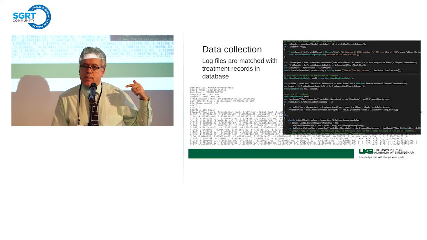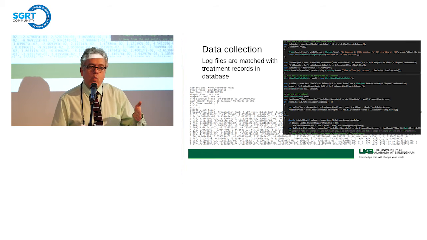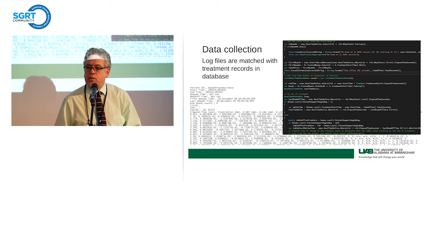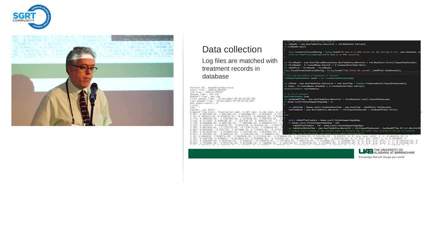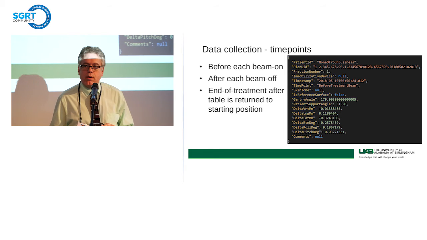It captures the real-time deltas at each beam off, and when our therapists finish treatment, they know to bring the table back to neutral and wait a moment before they stop the monitoring, so we have an end of treatment time point. So that software then emits a little JSON file, for those of you who are complete nerds.